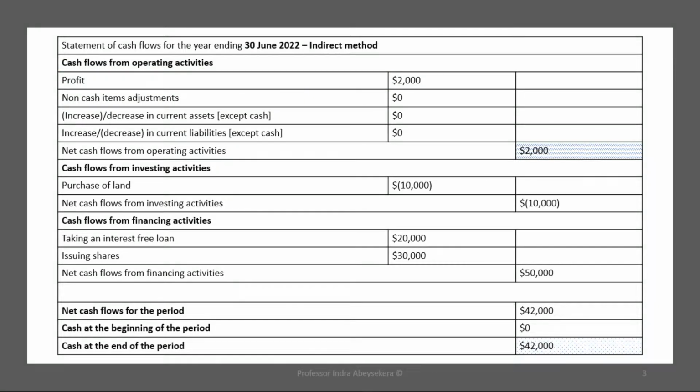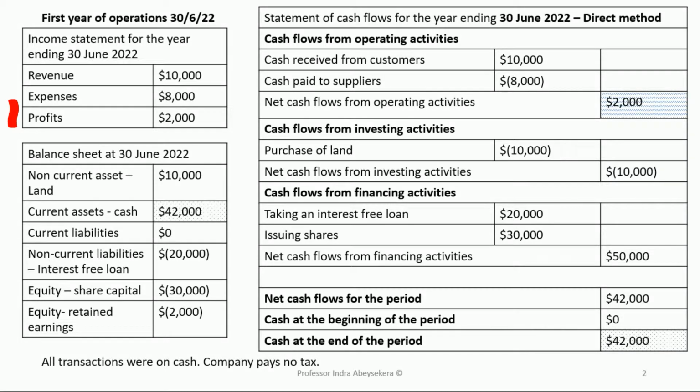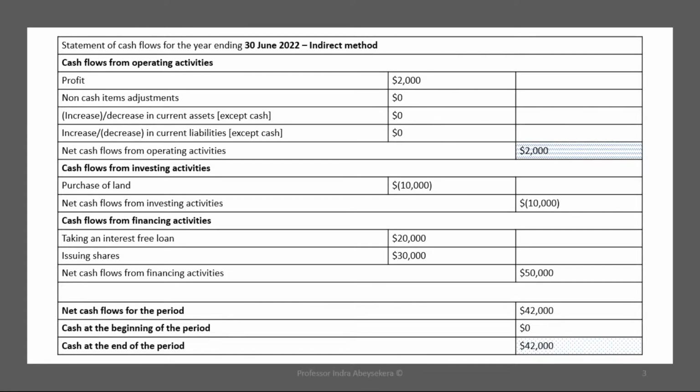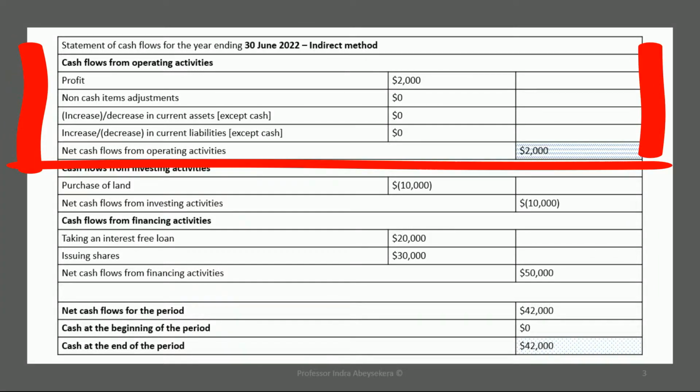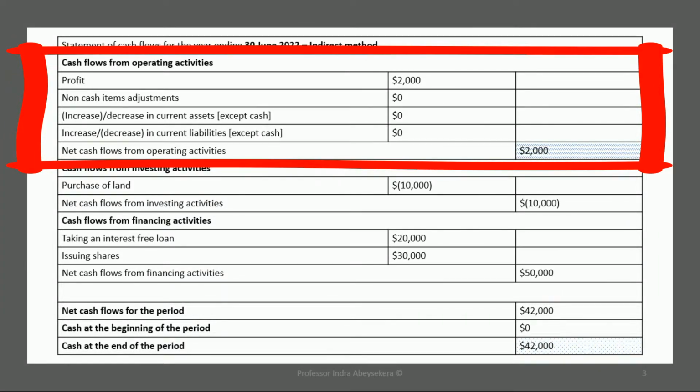We had a revenue of 10,000, expenses of 8,000, a profit of 2,000. So we start with profit of 2,000, and then there are non-cash items adjustments such as depreciation expense or provisions expense, but they are not there in this income statement, therefore zero.